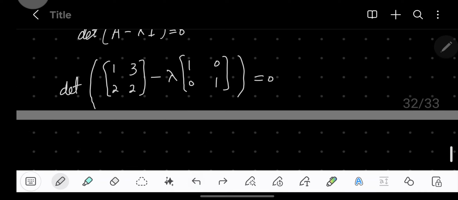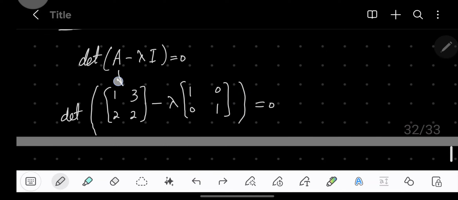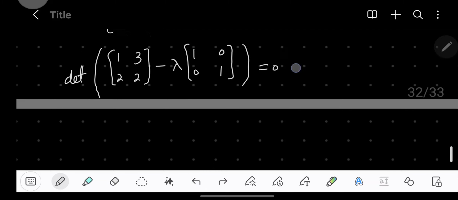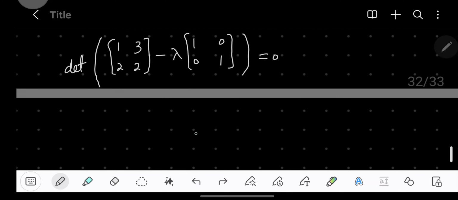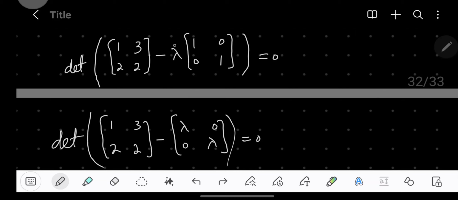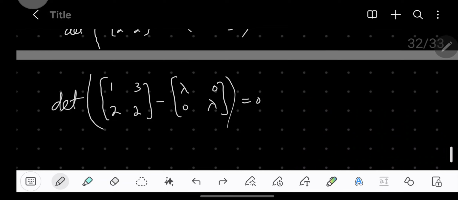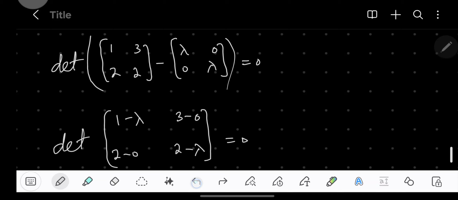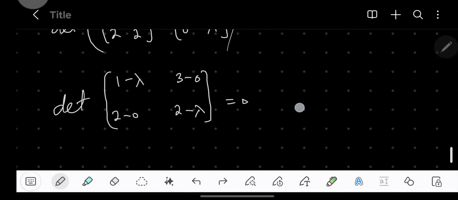So put the values. The determinant of this is A, this is lambda, and this is I. If we multiply lambda inside, we get this value of the matrix. Now if we subtract these two matrices, we get this value.